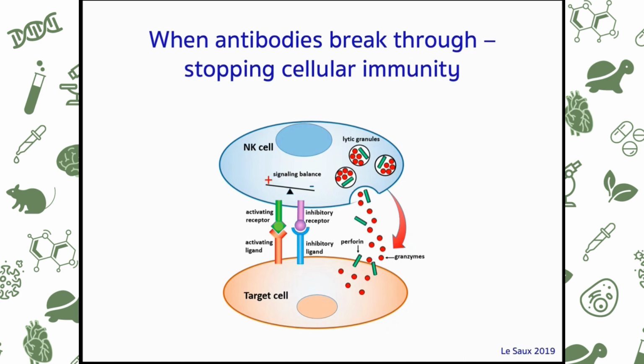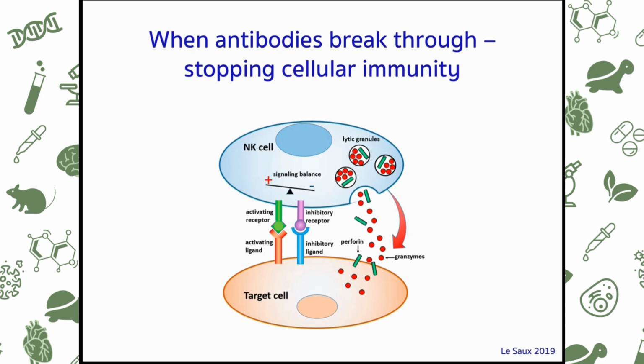And this is a cell from your immune system. And these cells are constantly patrolling your blood and tissue spaces. And every time they bump into another cell in your blood, they make a decision about that cell. They decide, is that cell friend or foe? And they make that decision because they have receptors on their surface, activating receptors in green and inhibitory receptors in purple.